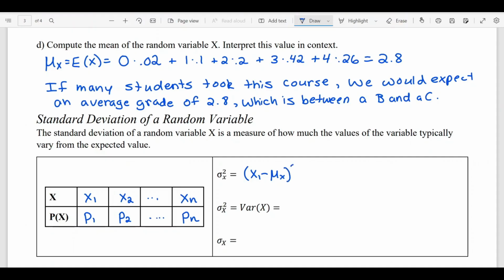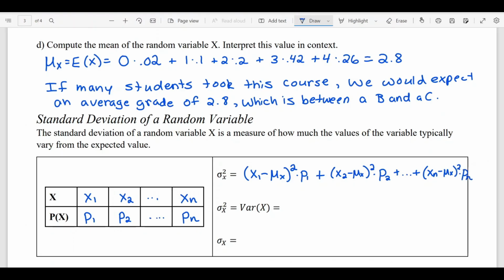We square it, and then multiply by that individual probability. That's the first piece. We add that to the same thing, but with the second x value and the second probability, and we do that with all of the values of x, all the way up to x sub n minus mu sub x, squared, times p sub n.